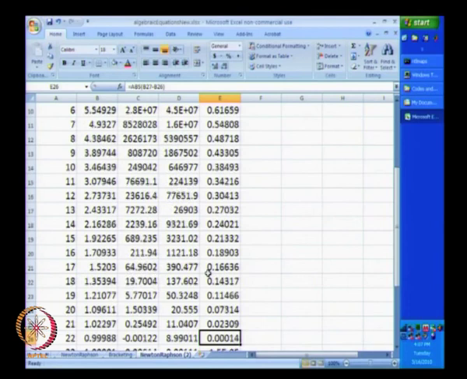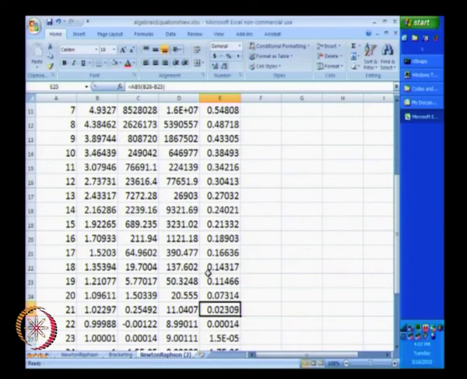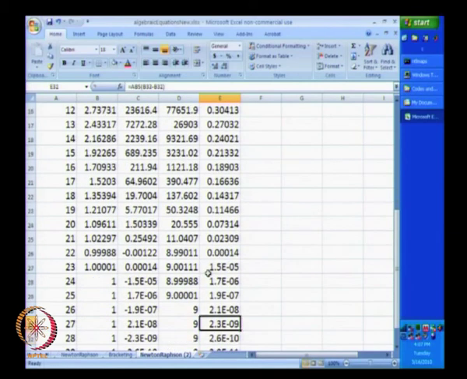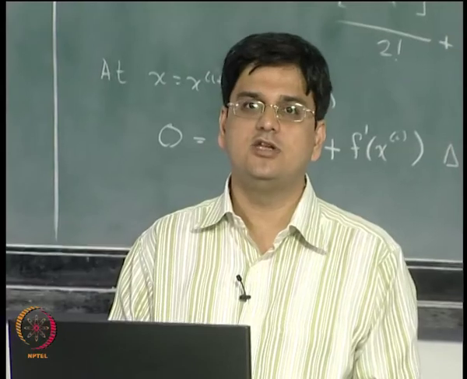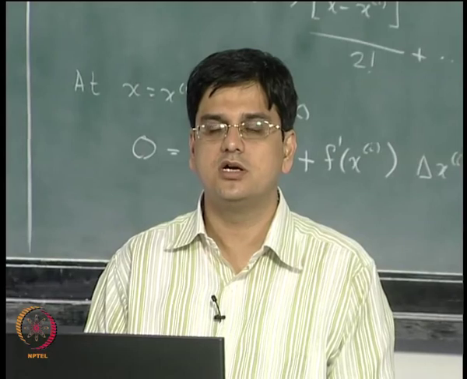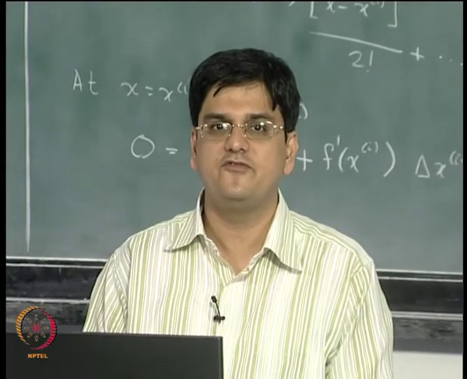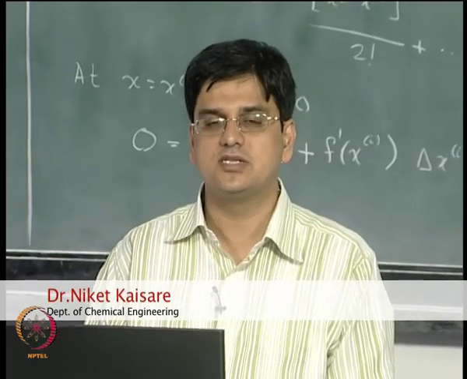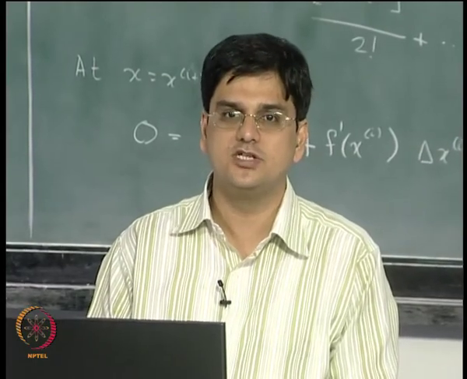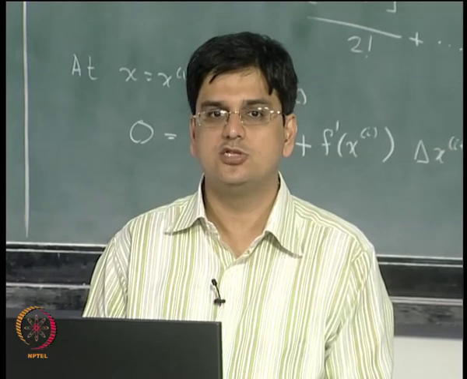Now from this point onwards we will suddenly find that when we come close to the actual solution, the rate of convergence really picks up, and that is the feature that you will see in all Newton-Raphson's method: when we are actually very close to the actual solution, the rate of convergence becomes a quadratic rate of convergence, and when we are fairly far away, the rate of convergence sometimes is going to be slow in the best case scenario, and in the worst case scenario we may not have the system converge to the actual solution.